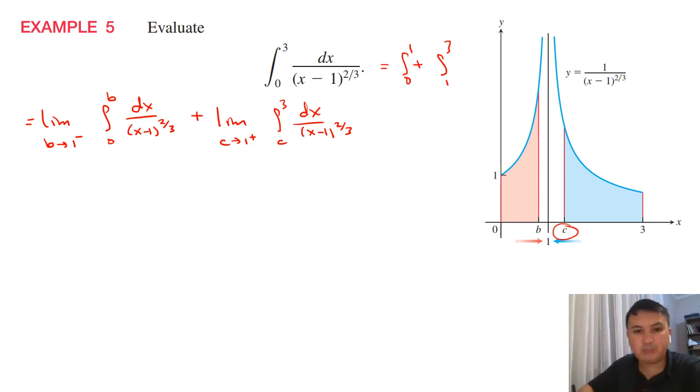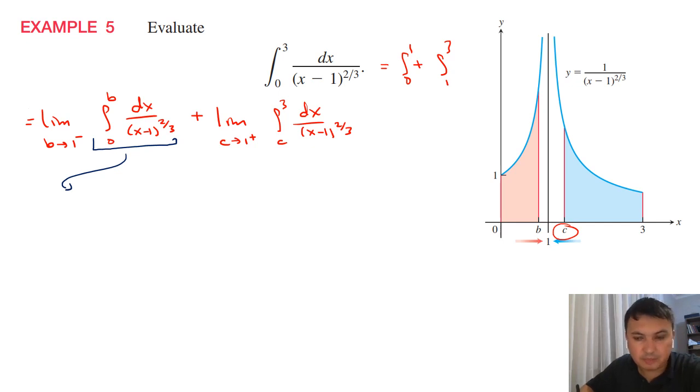Once you do it, all you have to do is evaluate each integral and then take the limits. In fact, if at least one of the limits fails to exist, I immediately say that the improper integral diverges. You don't have to evaluate the other one. But if both exist and you manage to find the values, then the improper integral converges to the sum of the values. All right, so let's evaluate the first one.